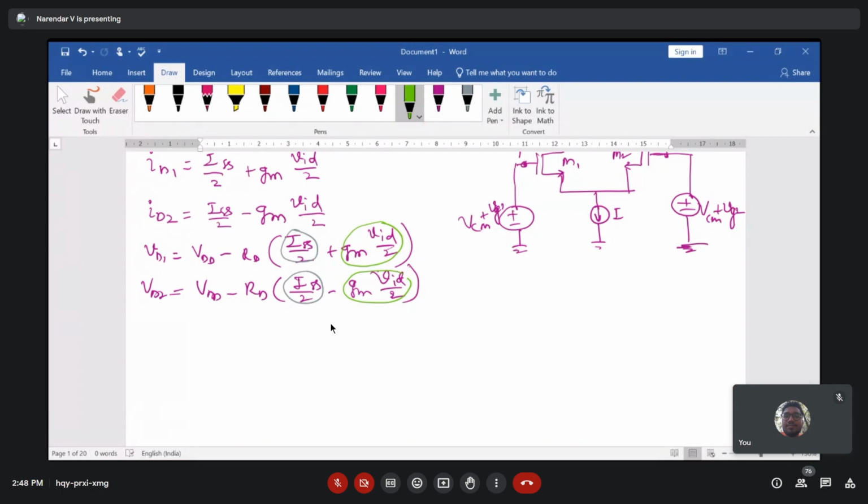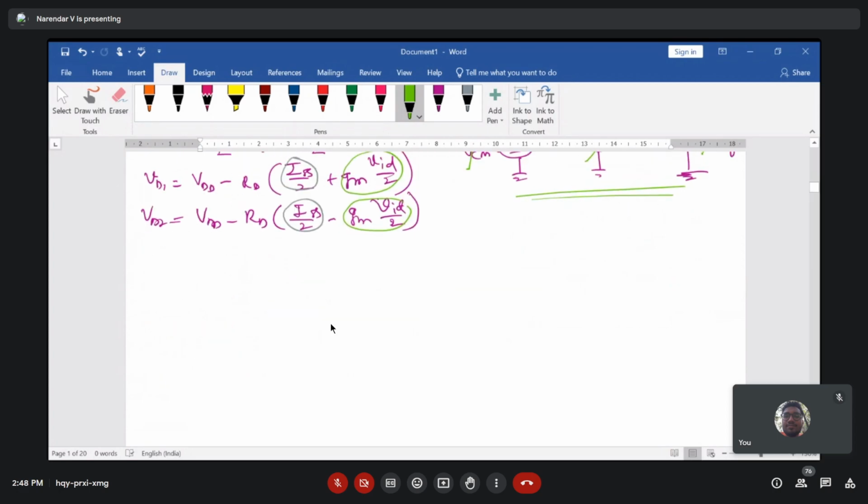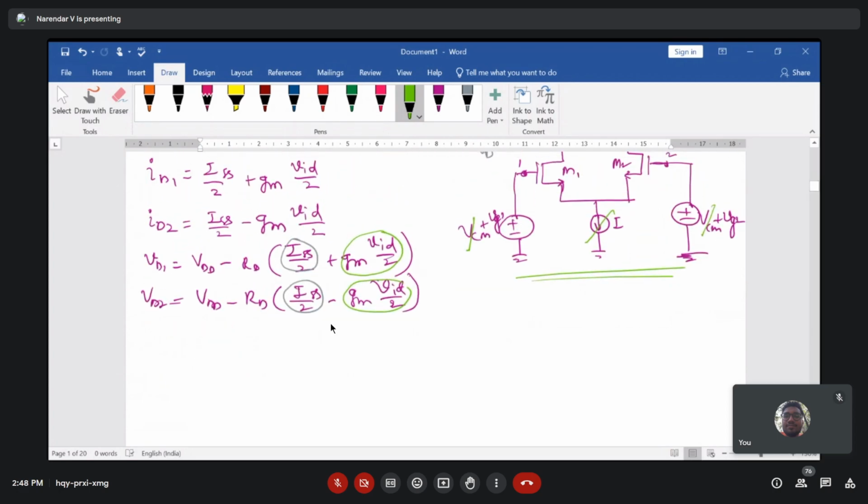Okay. Now, if we make AC equivalent circuitry for this given differential amplifier, for AC equivalent, what you have to do is DC component goes to 0, DC current source goes to 0, and VDD also goes to 0. So what you can see here is, now the resultant circuitry is becoming something like this.